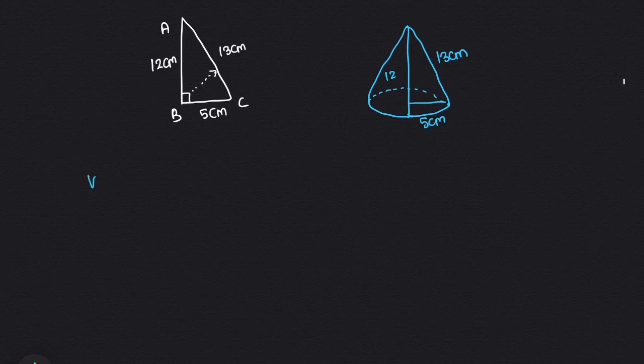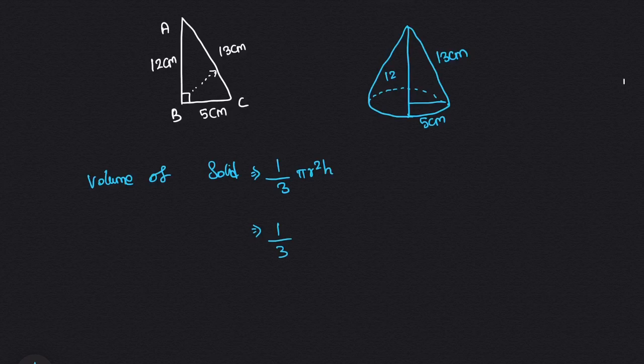So volume of solid is 1 by 3 pi r squared h. One by 3, the pi value is equal to 22 by 7 or 3.14.